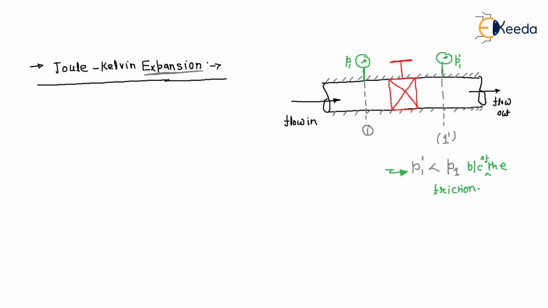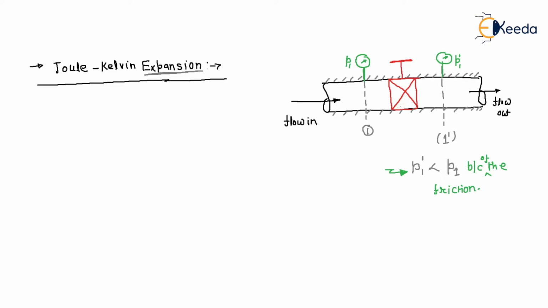If you regulate the valve, that means gradually close the valve, first it is open, so there is a flow in and a flow out. There is no pressure difference when it is fully open. But if we gradually close it, the passage through which the fluid is flowing is continuously reduced.